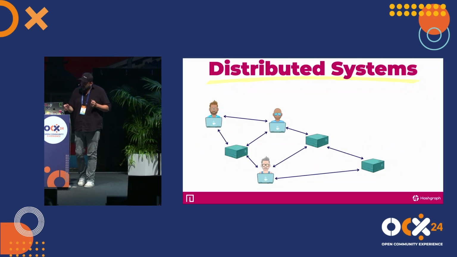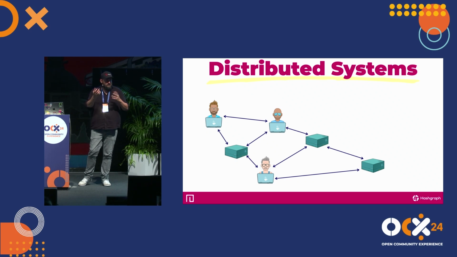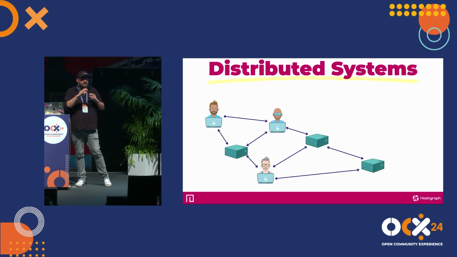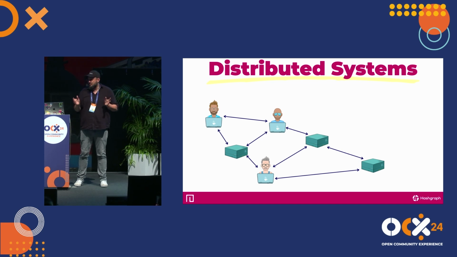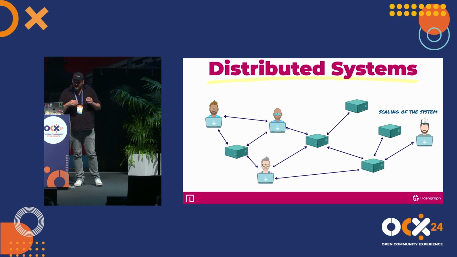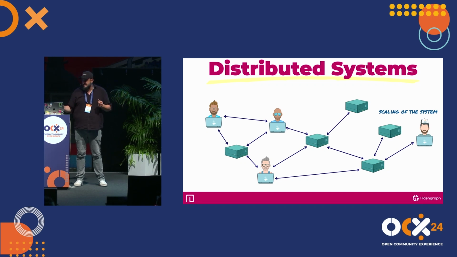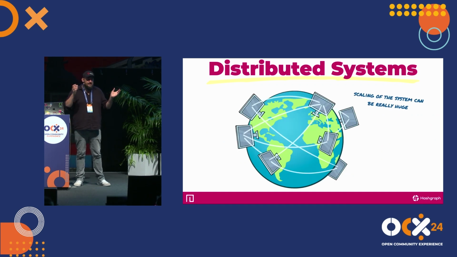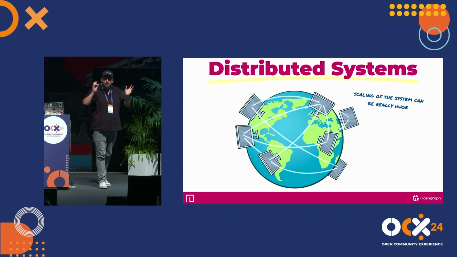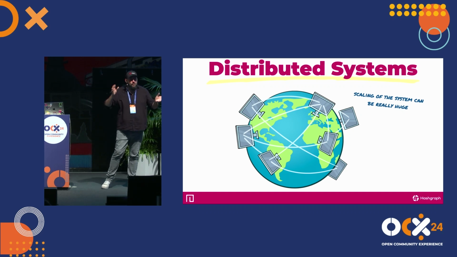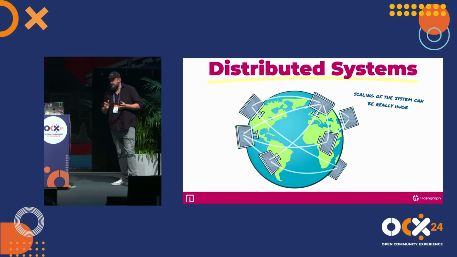So we all know distributed systems, right? That is how things work these days. Different people, different servers, nodes, clients, however you want to call it, work together. Those systems can grow, you can scale them up to a size where they are really huge. You have a lot of nodes all over the planet.